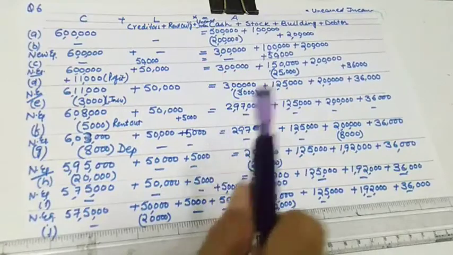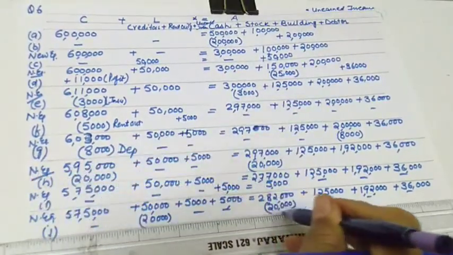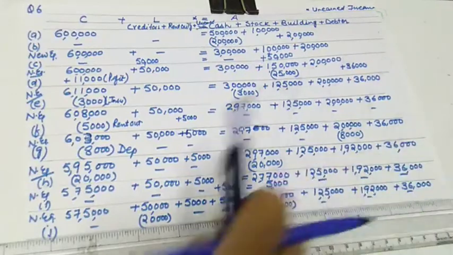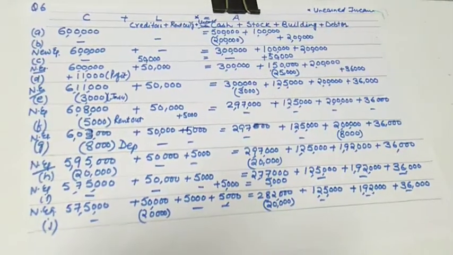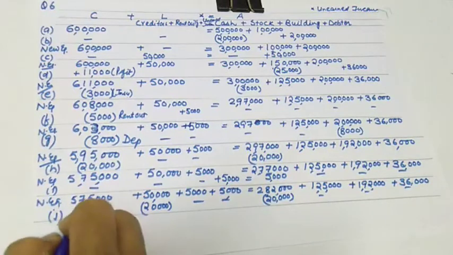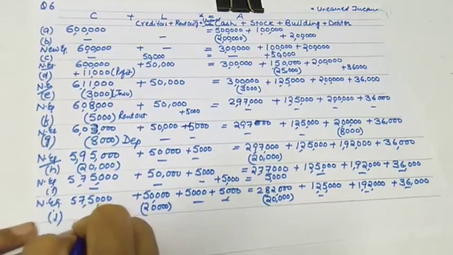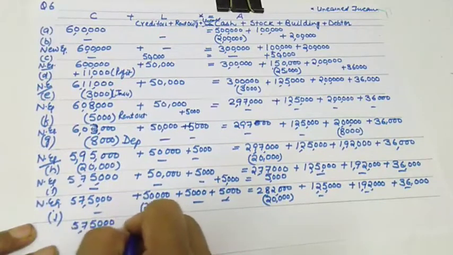I am trying to finish this on a single page so that you will be able to understand on a single page. I hope you will be able to see this bottom part. Yes. And now the next is 575. No change.